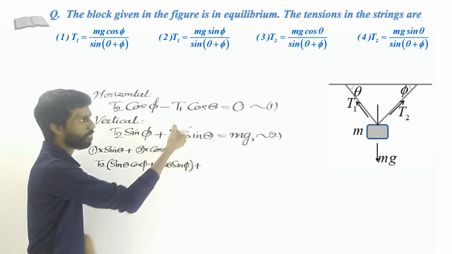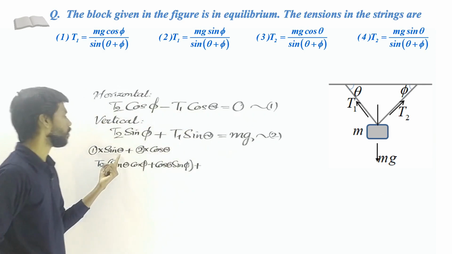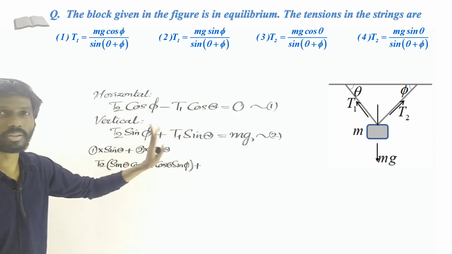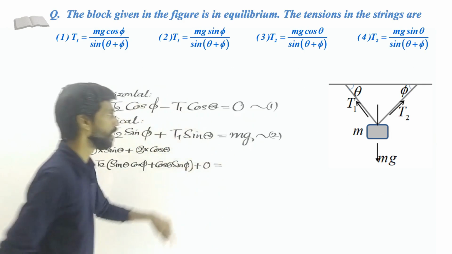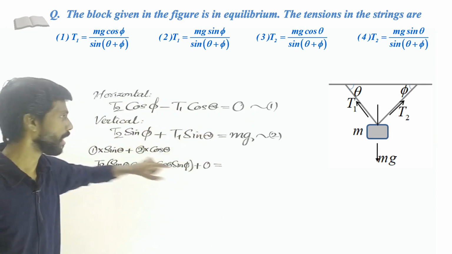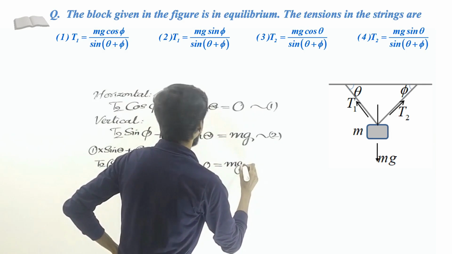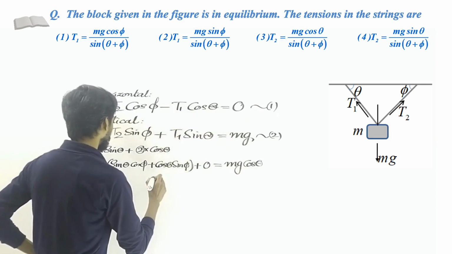Plus T1 cos theta sin theta, and in the second equation multiplied by cos theta, so sin theta cos theta. That will cancel, so that becomes 0. That equals, the right side being multiplied by sin theta, 0 anyway, so mg multiplied by cos theta. This is like normal solving of simultaneous equations, nothing different. So that will give you the value of T2.